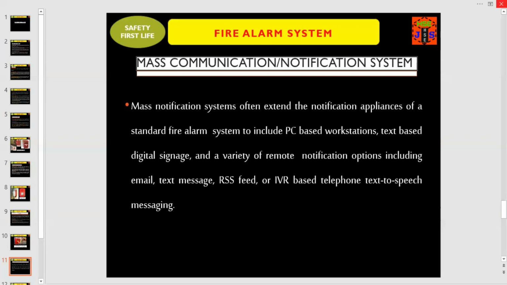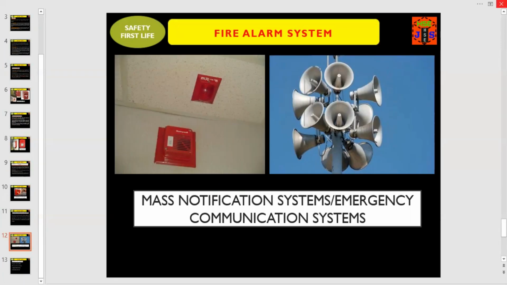All these systems, devices, and components are very useful and are part of the fire alarm system. Have a look. These are the examples of mass notification systems or emergency communication systems.